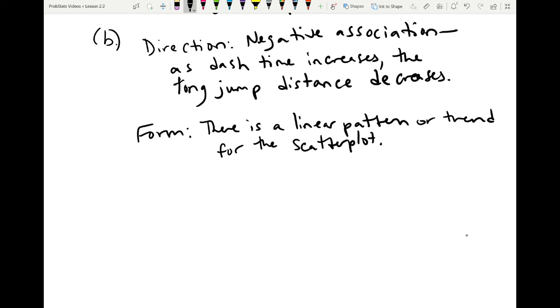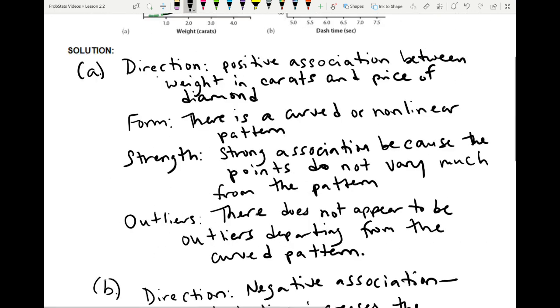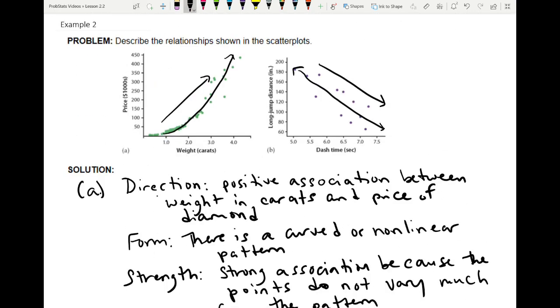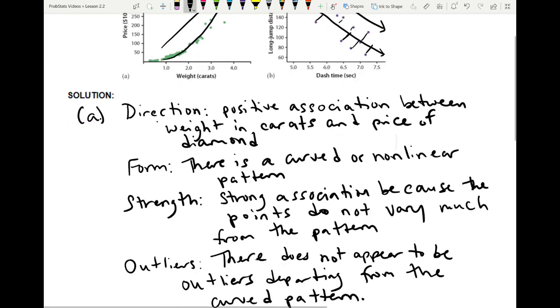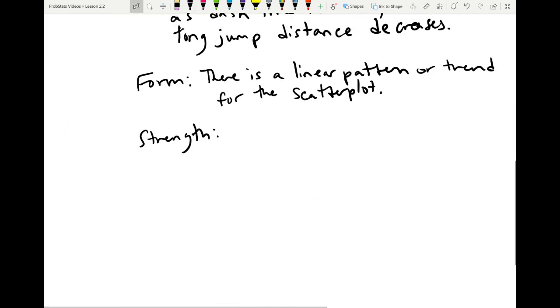All right, so then let's look at the strength. We can kind of see the line, and we have some points that vary some between that and the line. They don't vary too much, but they do stray a little bit. So this is not really weak. Weak would be if they're farther apart, farther from the line. So I would say that this would be a moderate association. Not too strong, but not too weak. They're not too tightly clustered around the line, but they're not too far from it either.